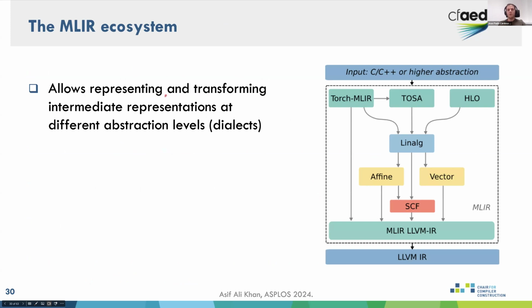It allows you to represent and transform intermediate representations in several steps, in several abstraction levels. They are called dialects. So at the highest level, you can have something that is close, for instance, to Python. And then as you lower your code to more device-specific abstractions, you can get to something that is close, for instance, to the CPUs, the GPUs, or FPGAs.